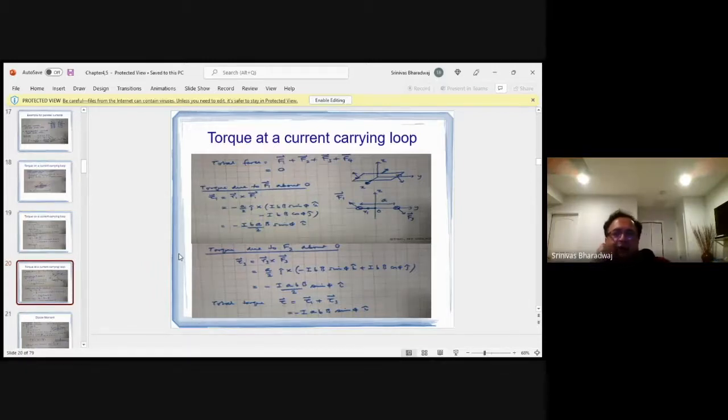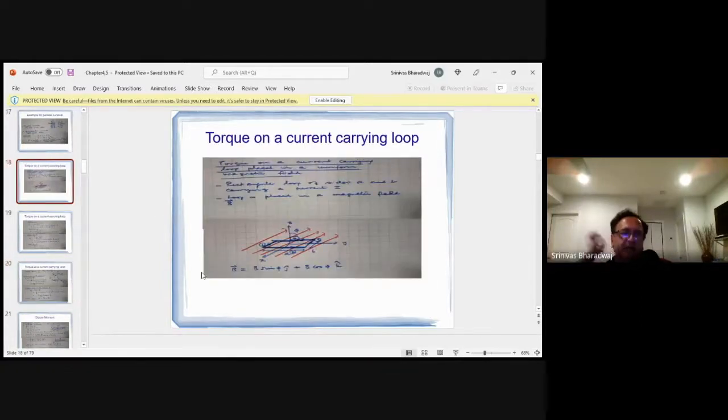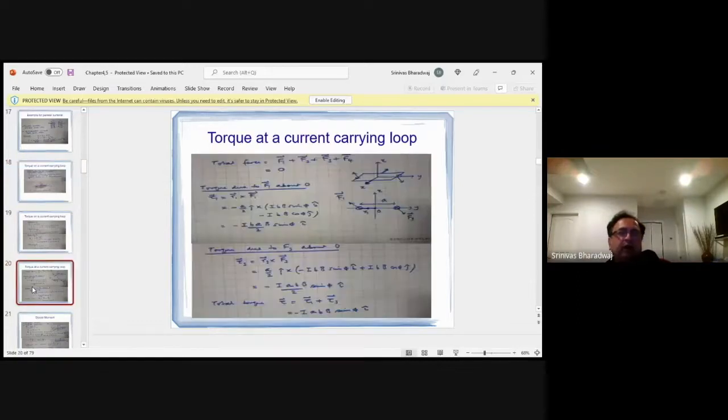The torque due to F1 about O, the torque due to F3 about O will produce a force. The other two are going to be 0. So now you end up with a total torque which is in this direction.